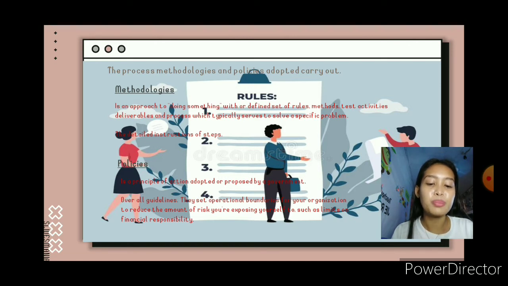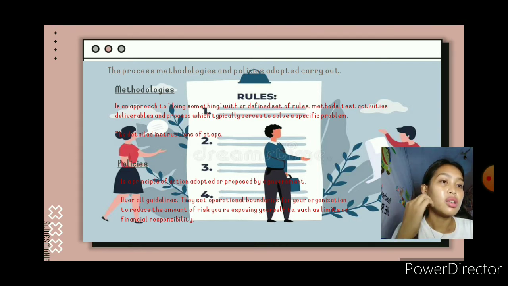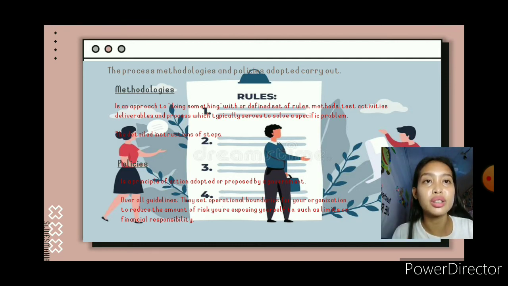So these policies are the plans or strategies on how you act on your business. These policies are more on the intentions of your business.